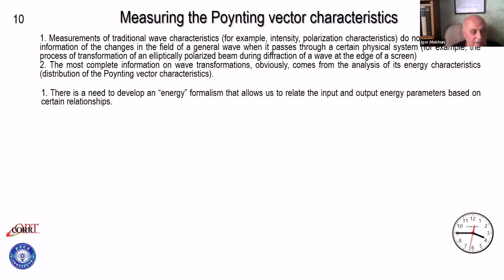In this aspect, we don't yet see any other way than using traditional approaches, including calculation of the output field and then moving on to the characteristics of the Poynting vector. We add that this approach ensures the calculation of the Poynting vector parameters not only in the coherent but also in the polychromatic case.